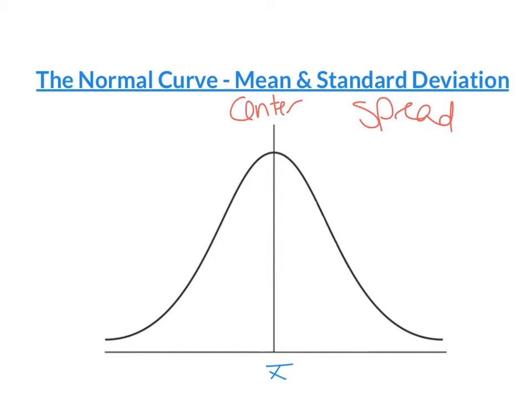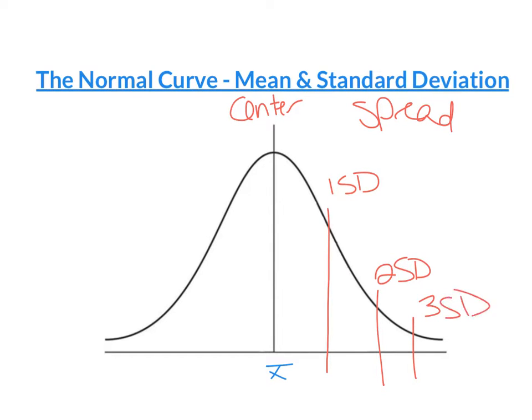So what I'm going to do is show you how to put 3 above and below. So this would be 1 standard deviation, 2, and 3. I'll explain what that means in a second. Then you would go the other way: -1 standard deviation, -2 standard deviations, and -3 standard deviations.